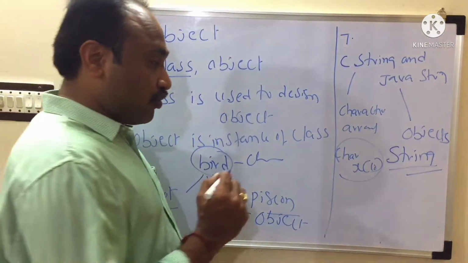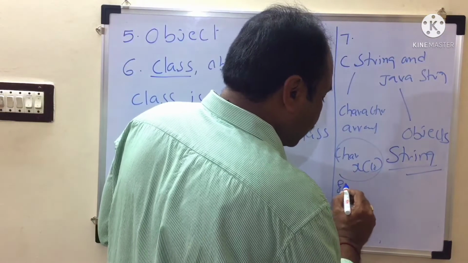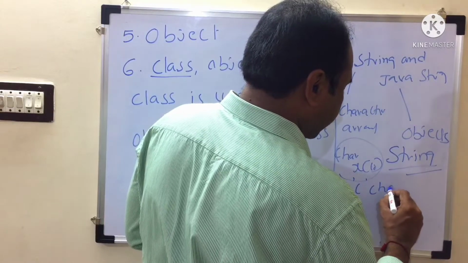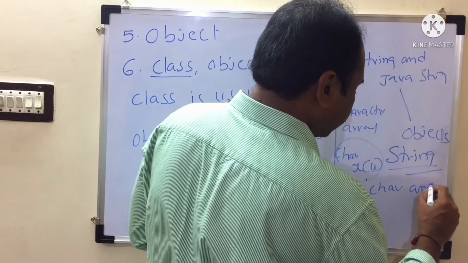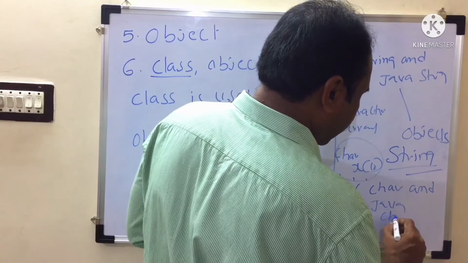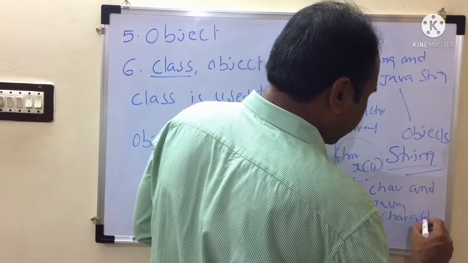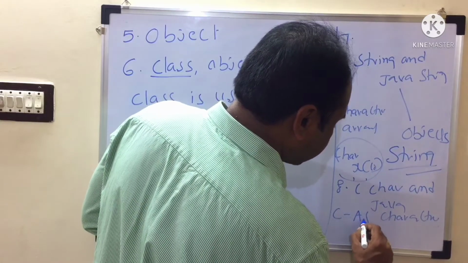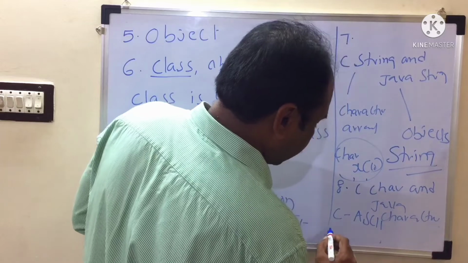They may ask you one more question. What is the difference between C characters and Java characters? C characters are designed as ASCII characters.